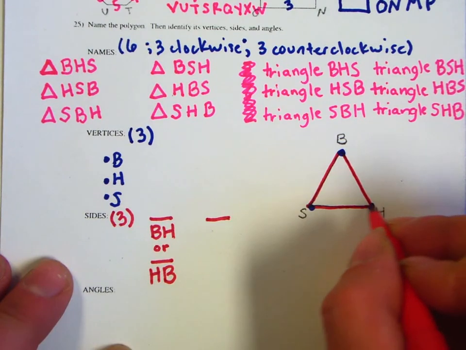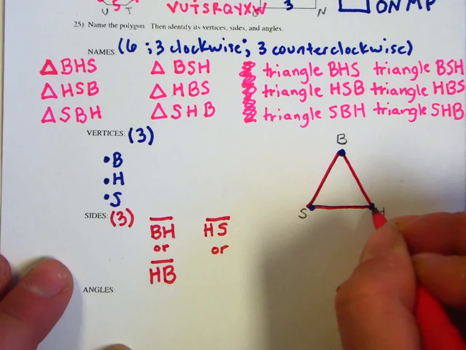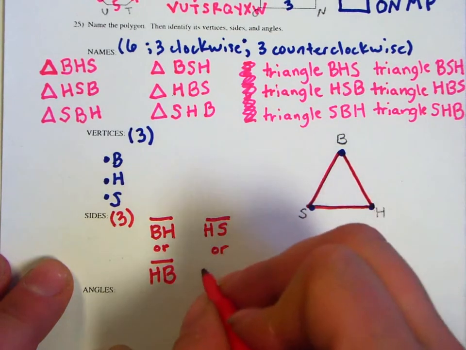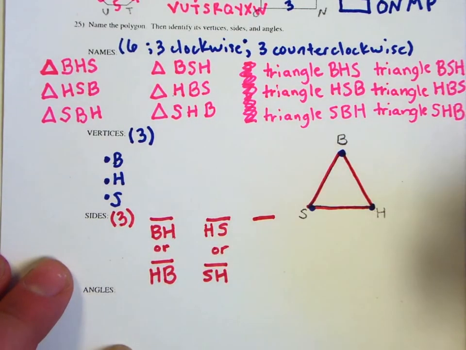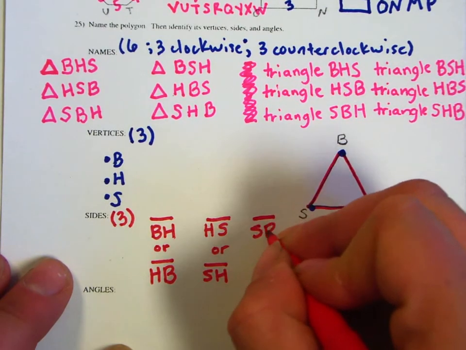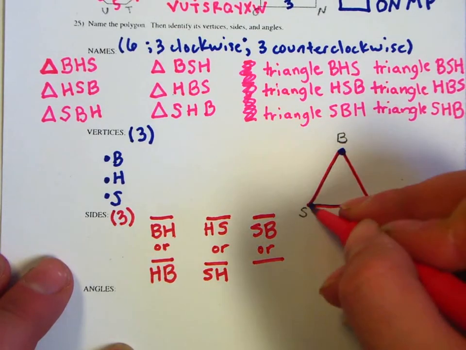Okay, we have side HS. H to S. It's equally acceptable to name it side SH. And lastly, we have side SB. It is equally acceptable to name that side BS.